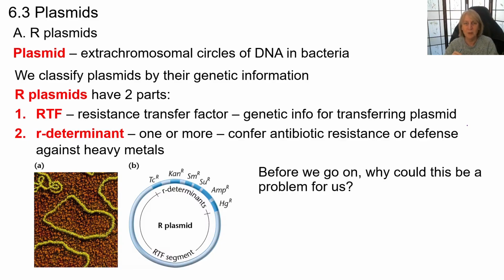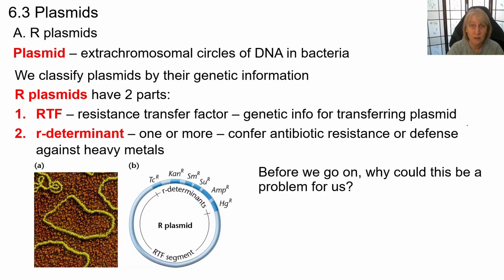Why is it important, or actually a problem, if the plasmid in a bacteria has antibiotic resistance? Well, think back to conjugation and think back to the idea of horizontal gene transfer in general.